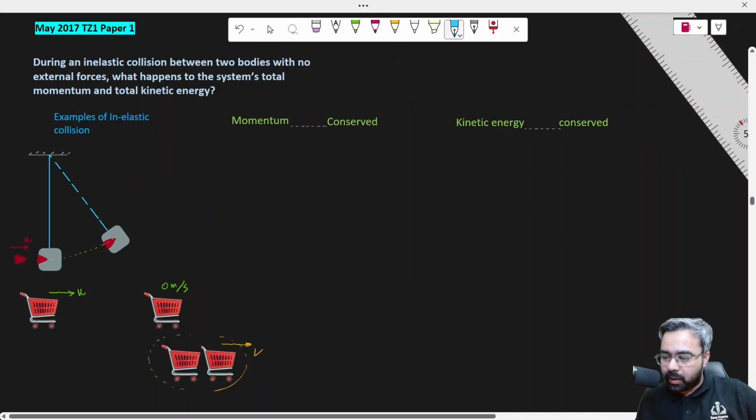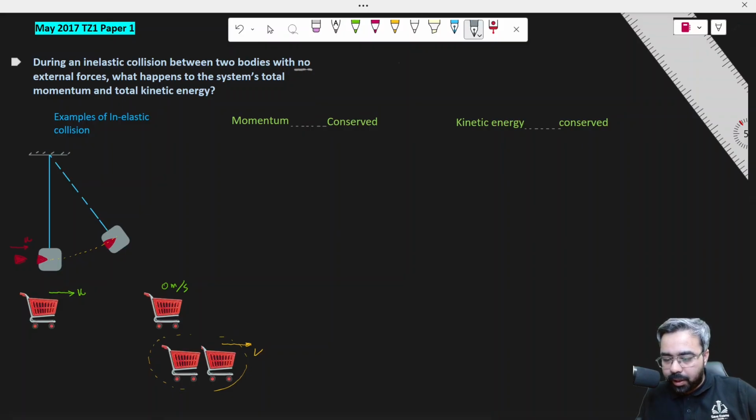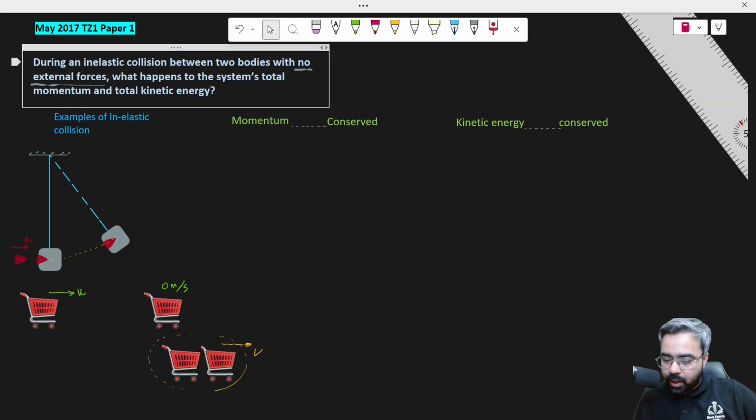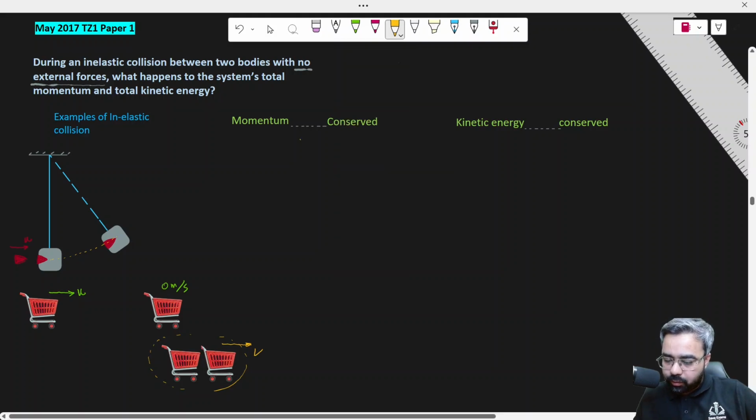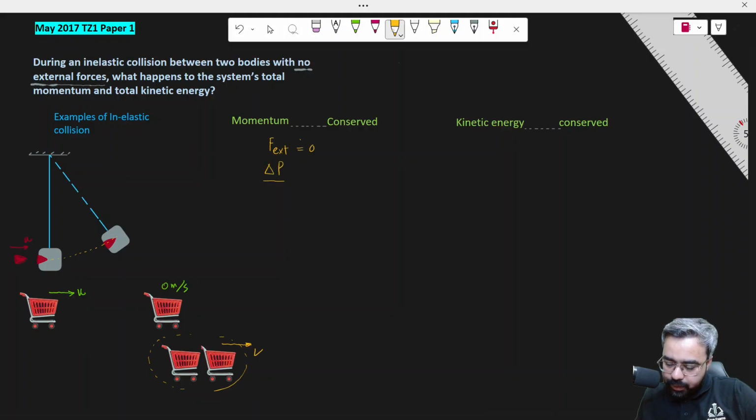So we start with the fact that they mention categorically that there is no external force in the question. If there is no external force, it means that the rate of change of momentum of the system should be zero, which means that the change of momentum of the system is zero.